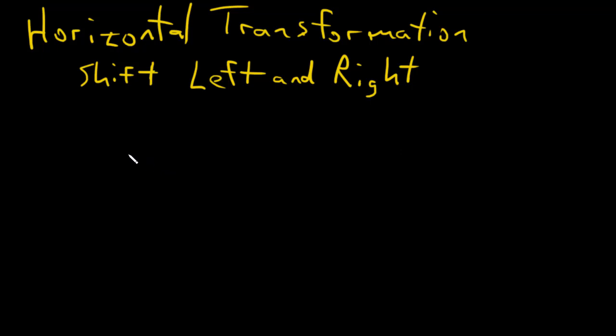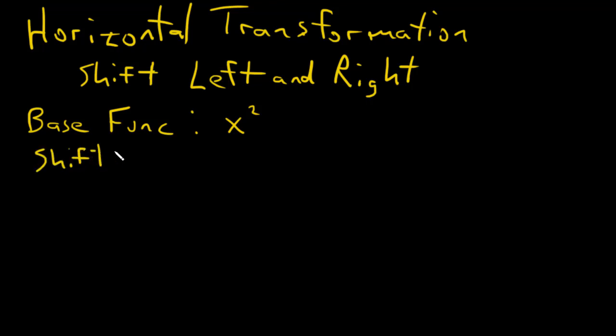Well, for a horizontal transformation, let's say I want to shift left. So on my base function, my original function I want to start with, let's start with our good friend x squared. If I want to shift left, here we go.